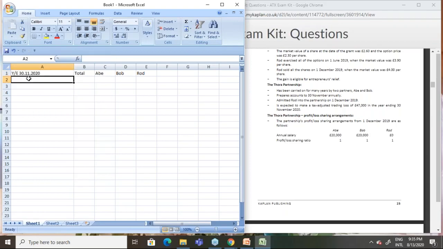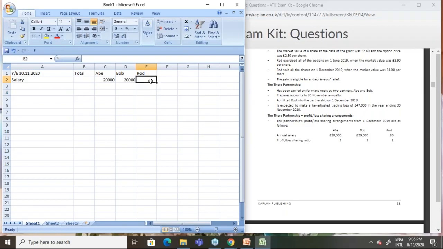From that, you pay a salary of 20,000 to Abe and 20,000 to Bob. So don't forget that this is a loss that you're having.